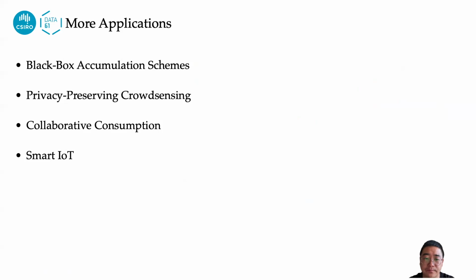In these scenarios, users provide committed values and can be required to provide a zero-knowledge range proof to prove that their provided values are within the allowed ranges. This can prevent any malicious users from sabotaging the execution of these applications.